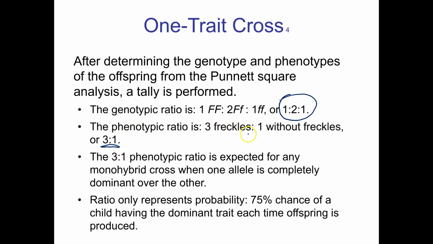So you have 3 with freckles and 1 with no freckles. This is what we typically see in a monohybrid cross when you're dealing with a completely dominant allele. 75% of the time, your child will have that dominant characteristic. 25% of the time, the recessive characteristic is going to be seen.